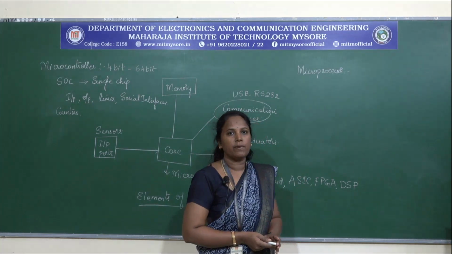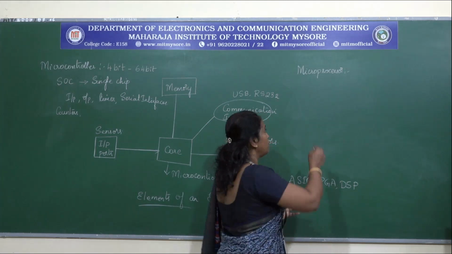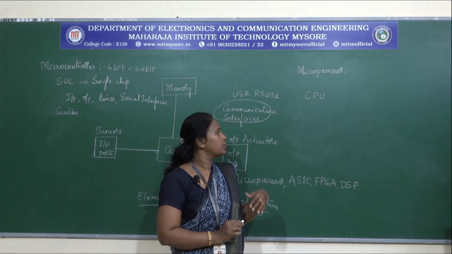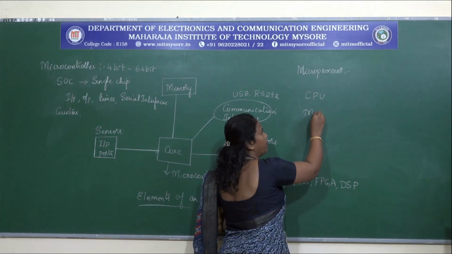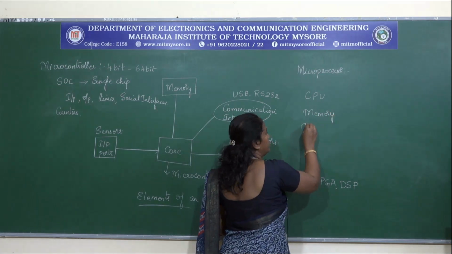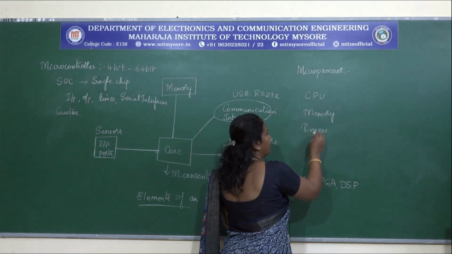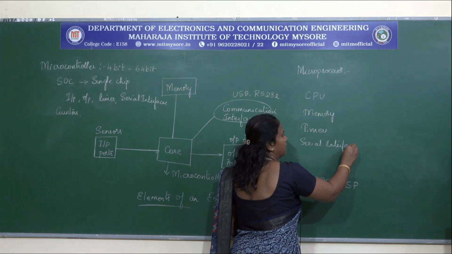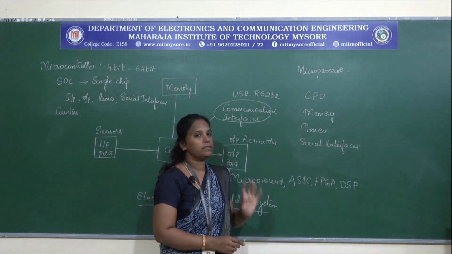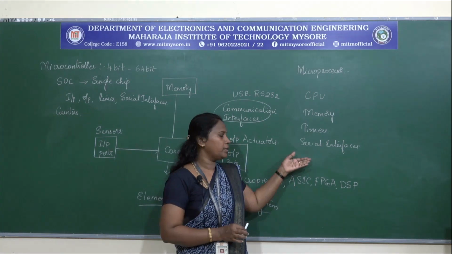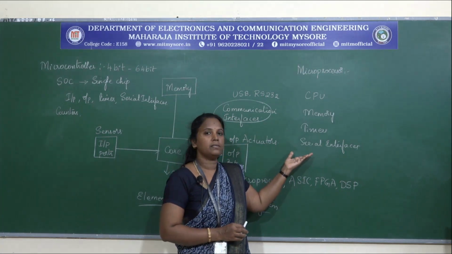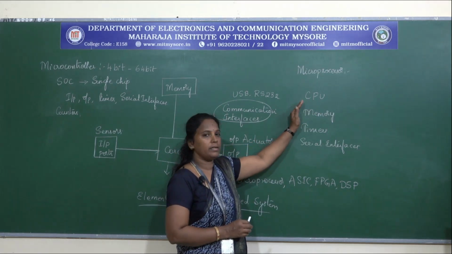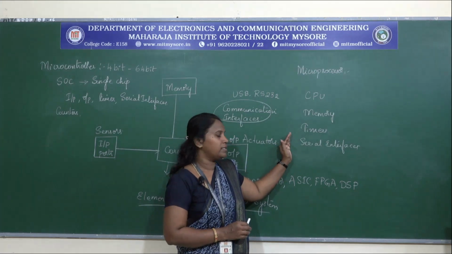A microprocessor is the one which has a central processing unit, but the other devices like your memory, timers, and other serial interfaces are not inbuilt, so we need to connect them externally. Here we have only the processing unit, and to this processing unit we need to connect all these devices additionally.